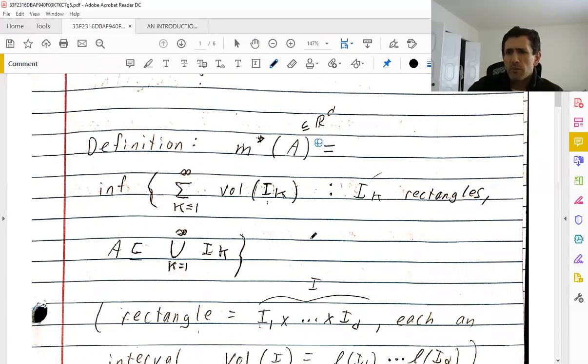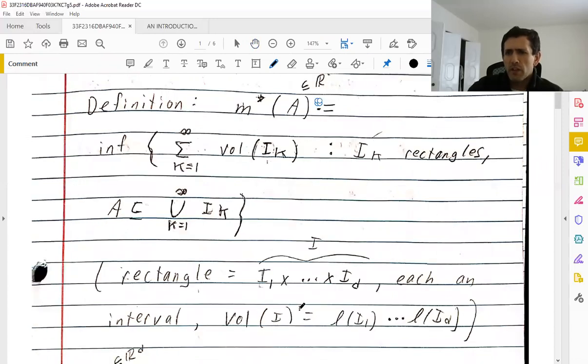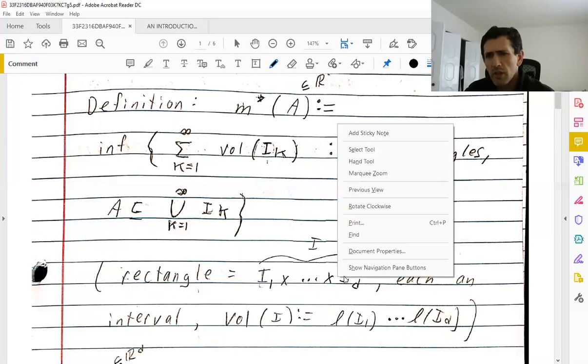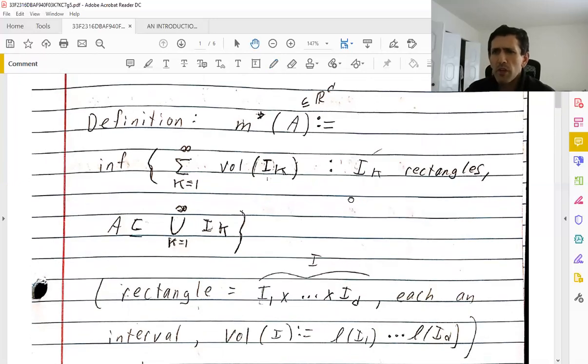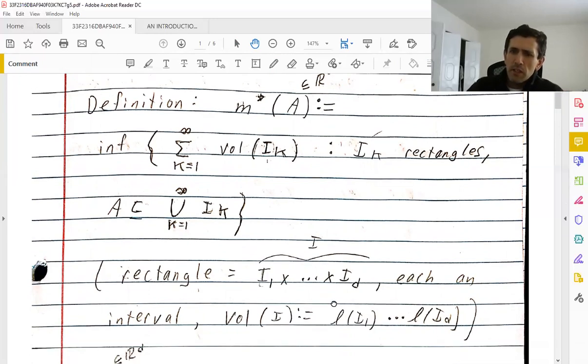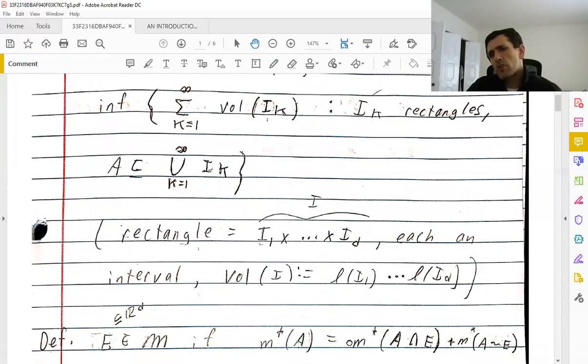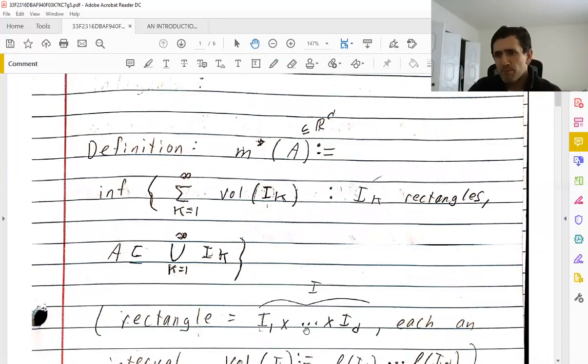We're defining the volume. So that's the definition of Lebesgue outer measure and the definition of the volume of a rectangle. Maybe I should call these boxes, but whatever. They're higher dimensional analogs of boxes and rectangles.